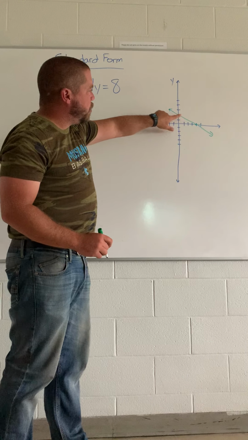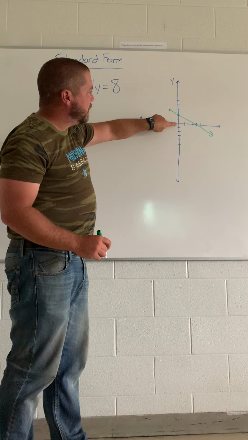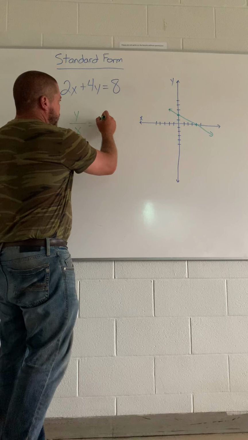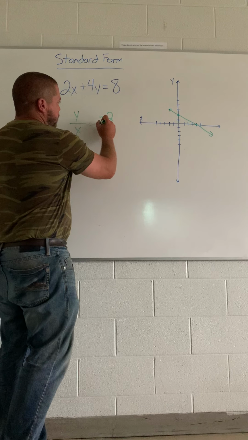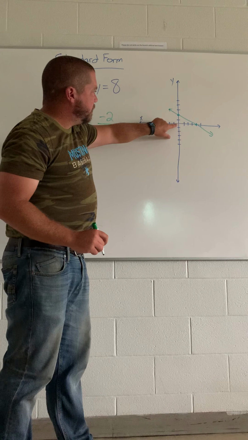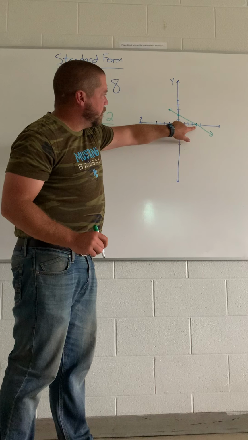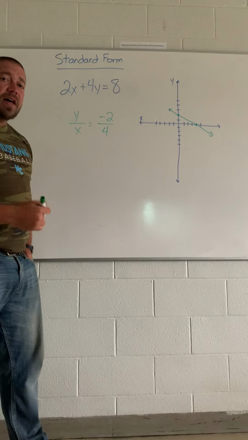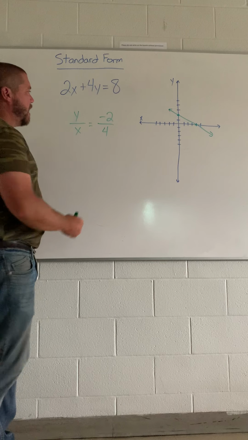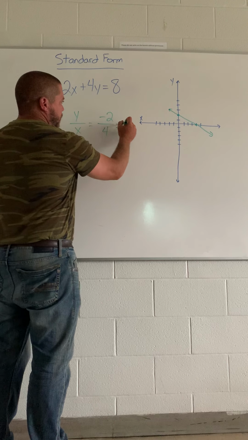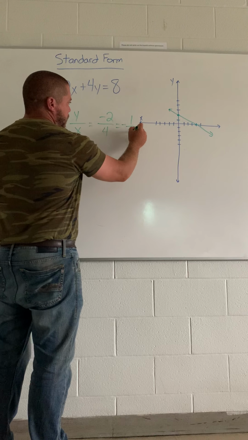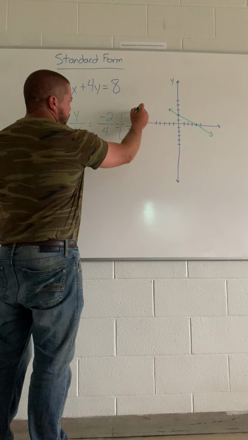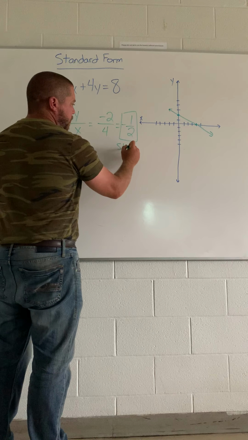So to go from this point to that point, I have to go negative 2, and then I go over 1, 2, 3, 4. And I can simplify that down to negative 1/2. And that would be my slope.